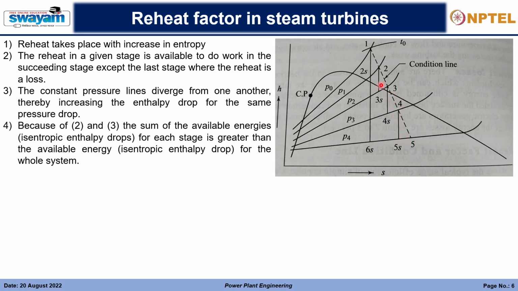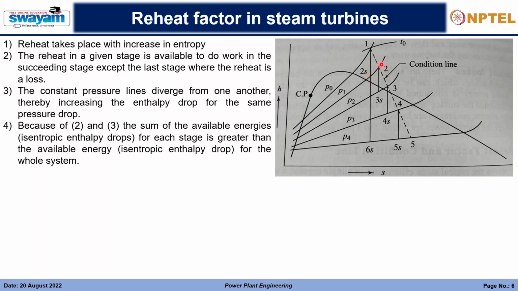So we are not getting the isentropic conditions, and this is because of reheat, as it takes place with the increase in entropy. The reheat in a given stage is available to do work in the succeeding stage, except the last stage where the reheat is a loss. What it tells is that the energy which is liberated due to the friction losses is also imparting some enthalpy to the steam at the outlet of this stage.